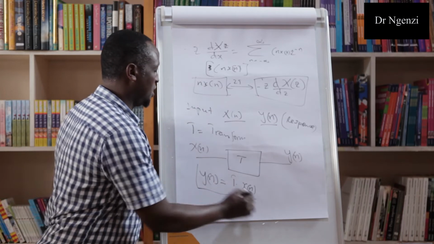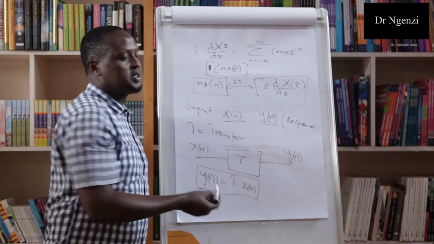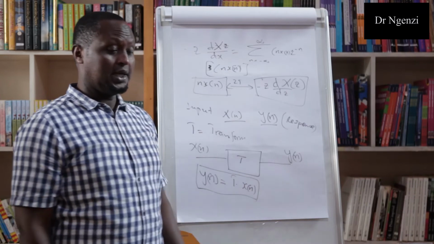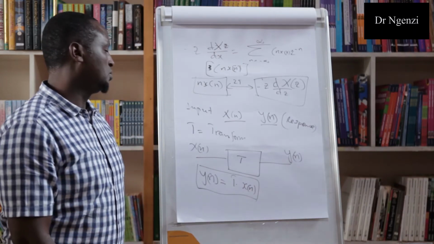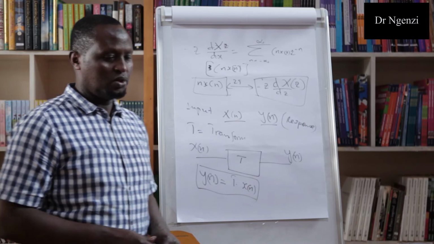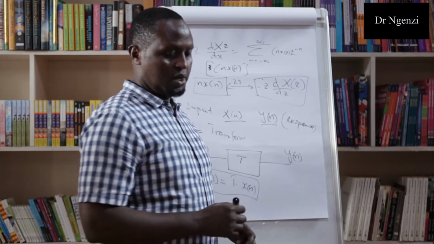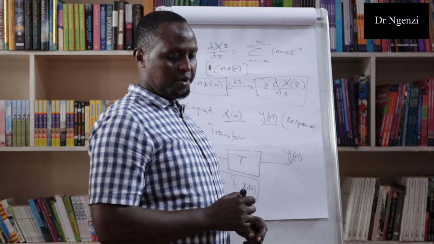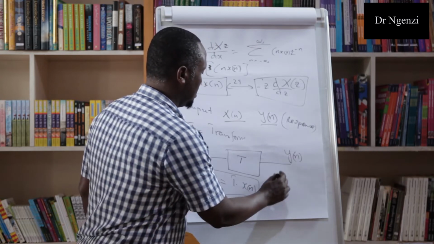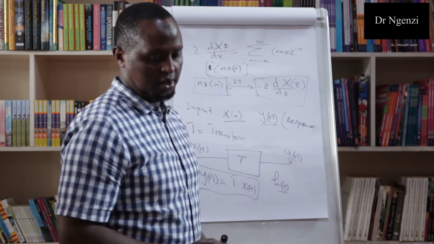So if an input value is given, remember to apply this transformation to get your response. It's very important that this is what we call the impulse response, and the output is going to be the impulse response looking in this way.